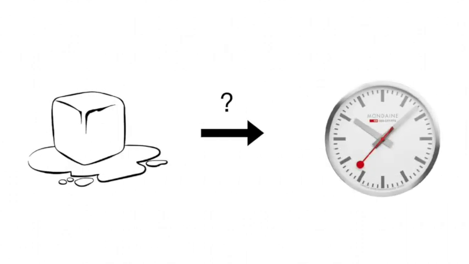For example, one of the simplest things one can reference time to is a thermal or decay process. I can put an ice cube on the table and have a very coarse understanding of the passage of time by letting it melt. So this is a very simple, but also a very bad clock.